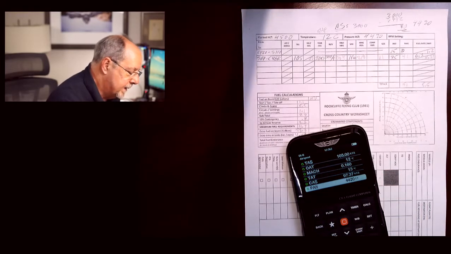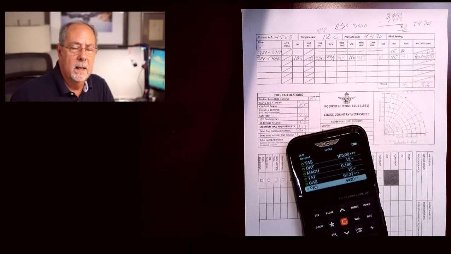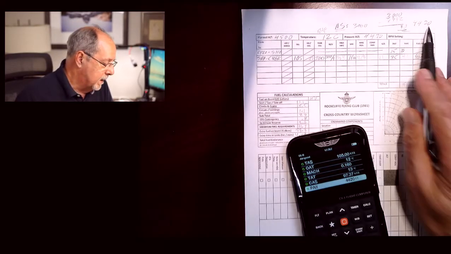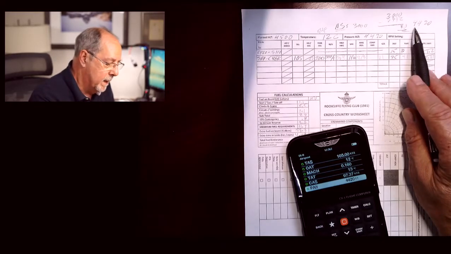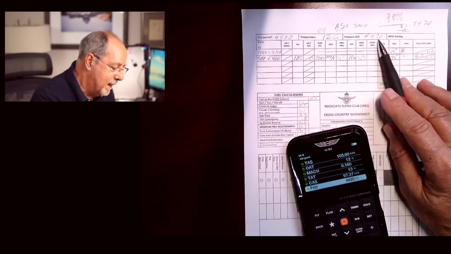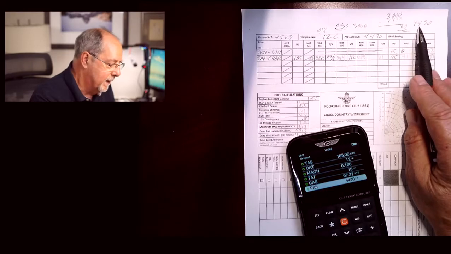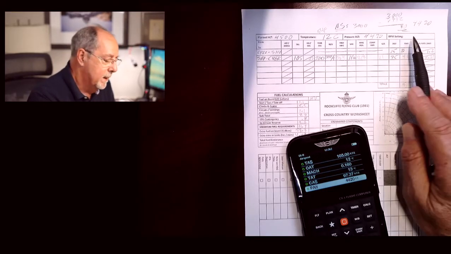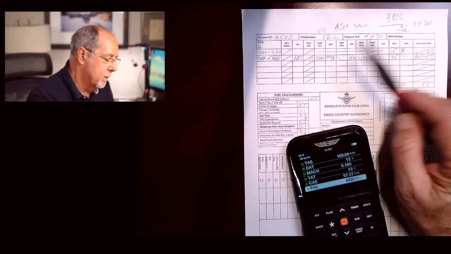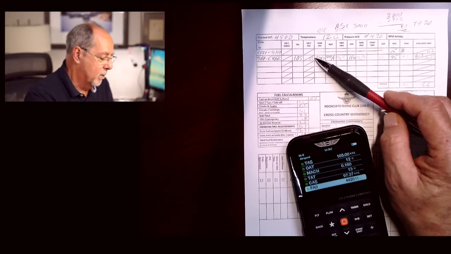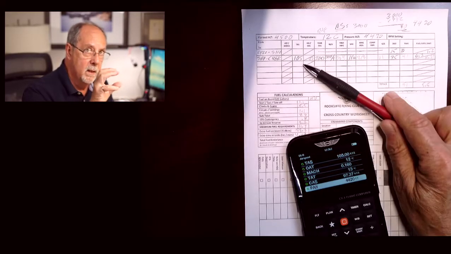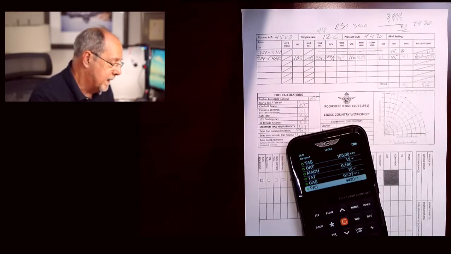Does that make sense? Whenever we're doing calculations, always think a bit, is it making sense? In this case it does, because we are flying at a pressure altitude of 4420 and a temperature which is warmer than standard. So it makes sense that our indicated airspeed, what we'll see on our indicator, is going to be less than the true airspeed.